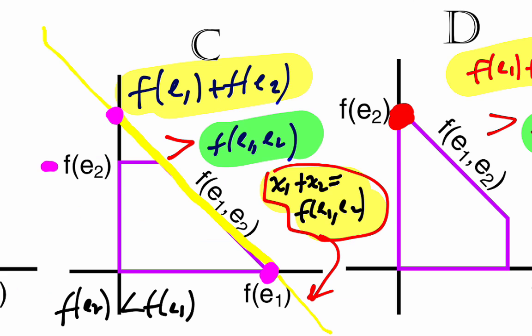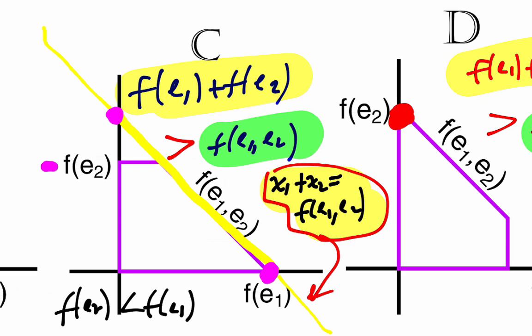That's just x1 plus x2 is equal to f. That value, f of E1, E2, is just some value, and that's the equation of that line, where any point on that line is some two vectors x1 plus x2. And the line itself goes off forever in both directions, but we're only concerning ourselves with the positive orthant right now because we're only dealing with polymatroid functions.